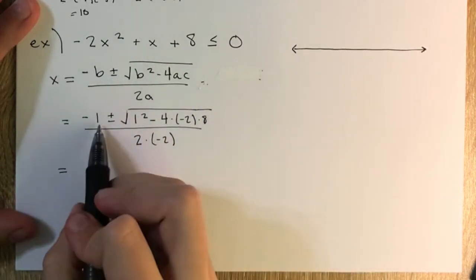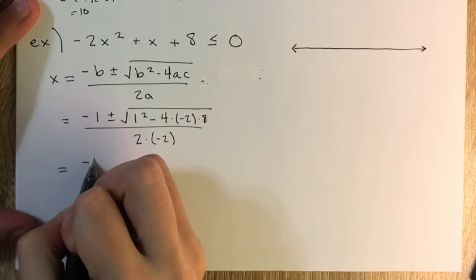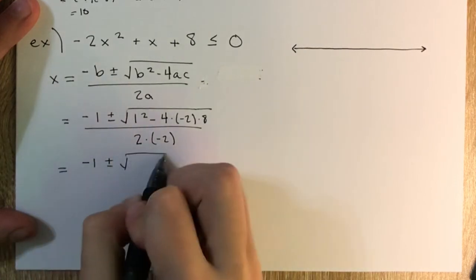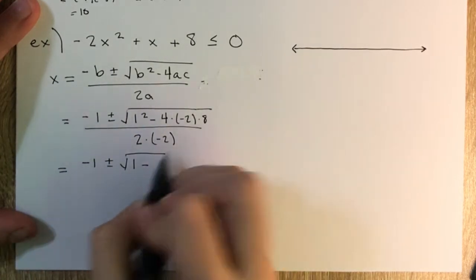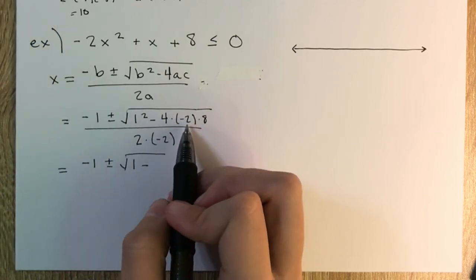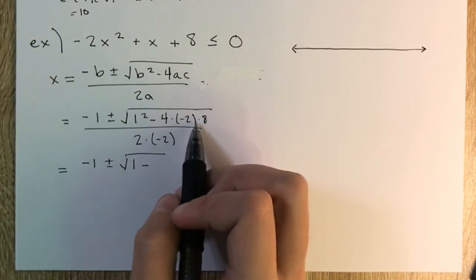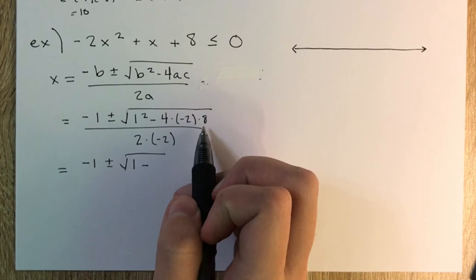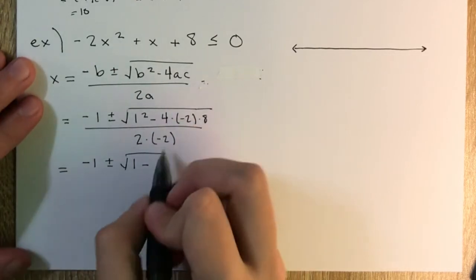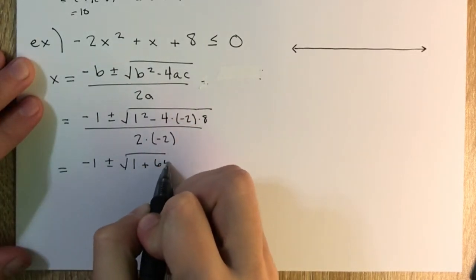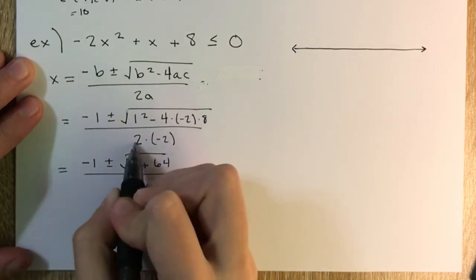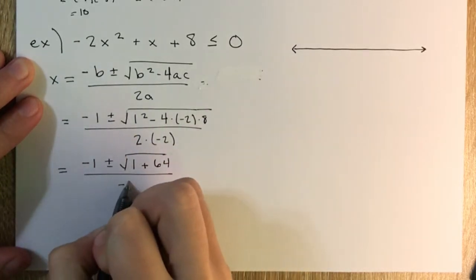We simplify further, we get negative 1 plus or minus the square root of 1 minus 4 times negative 2 times 8, which is 64, positive, so plus 64, all over 2 times negative 2, which gives me negative 4.